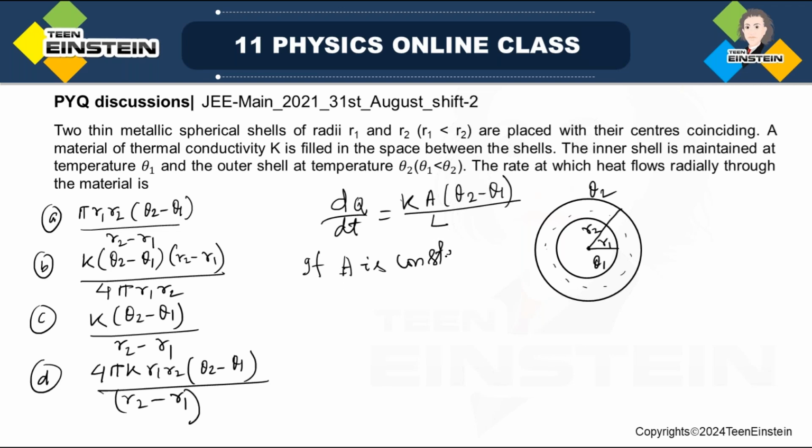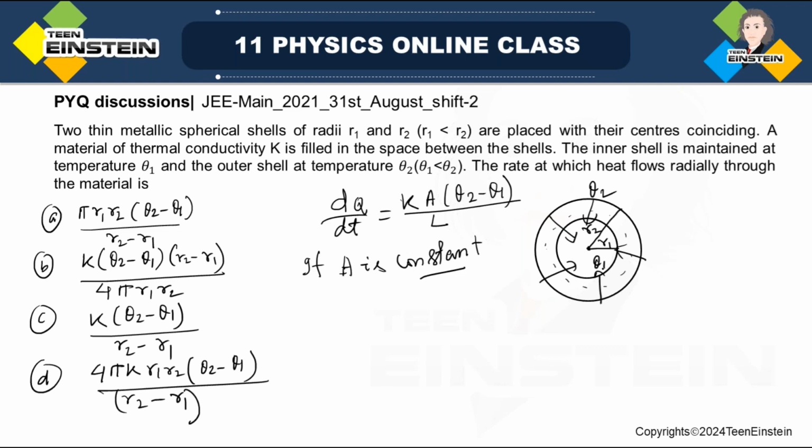But in this case, look, if the heat flow is happening radially from out to in, then the area is actually getting shrunken.